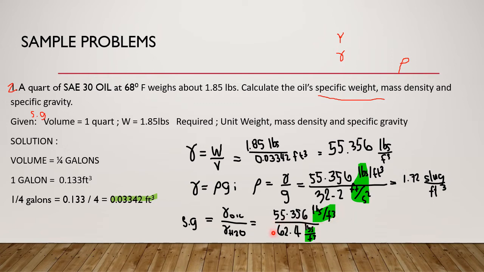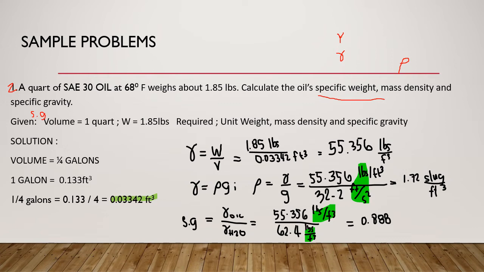At ito po ay constant, 62.4. Yan yung nasa table natin, pounds per cubic feet, 62.4 ang tubig sa imperial units. Therefore, we have 0.888. This will be unitless kasi cancel lang yung mga units. Okay, I guess natututo na tayong paikot-ikutin itong mga simple formulas na ito.